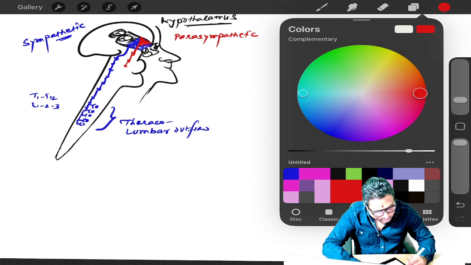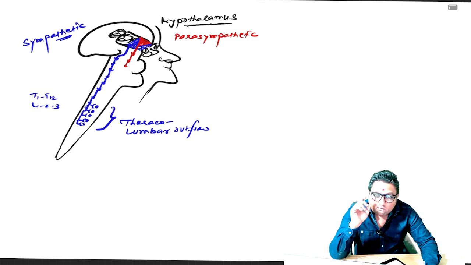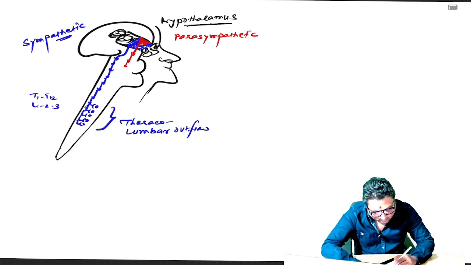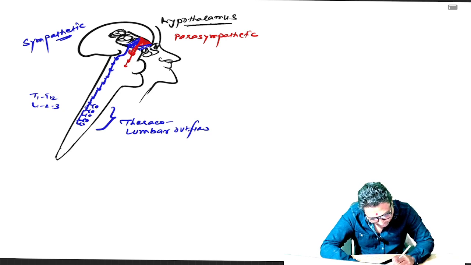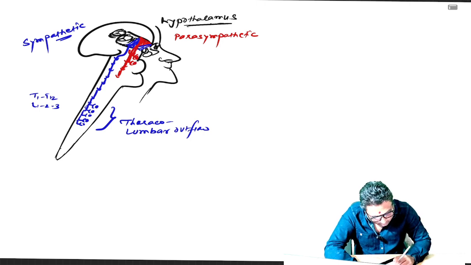whereas the parasympathetic originates from the ventromedial aspect. And fibers from this ventromedial aspect, through the polysynaptic pathway, descend downward, and during descent they communicate with motor nuclei of cranial nerves 3, 7, 9 and 10.